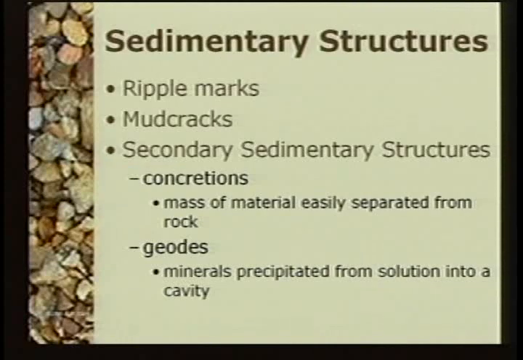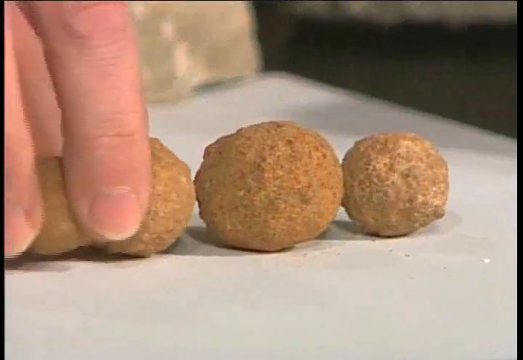Other than ripple marks and mud cracks, we can also have secondary sedimentary structures, concretions, or easily removed masses from the rock. In other words, we have a cavity or a void, and after the rock is formed, we end up getting deposition of minerals within the spaces, concretions.